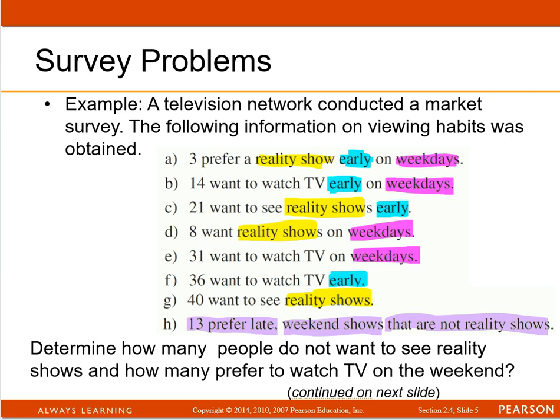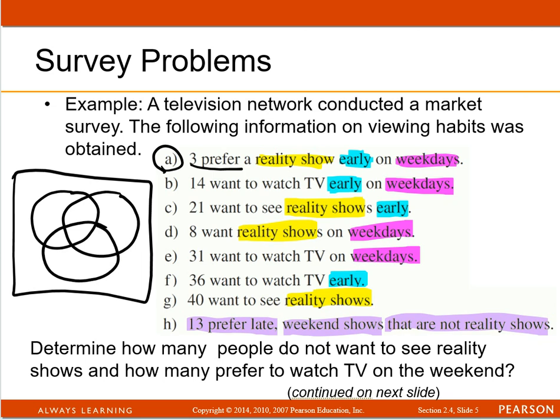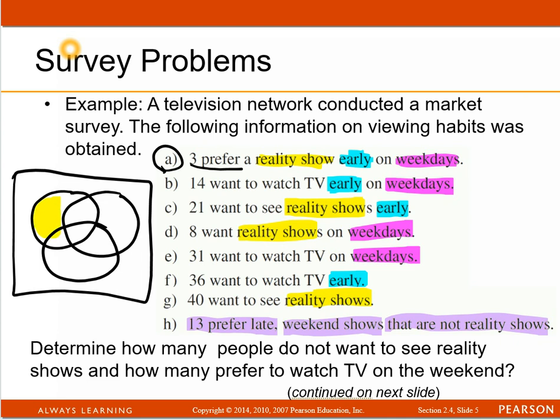So what we're looking at here is 3 circles intersecting, because choice A said that there were 3 people who preferred a reality show early on the weekday. So reality shows is here.